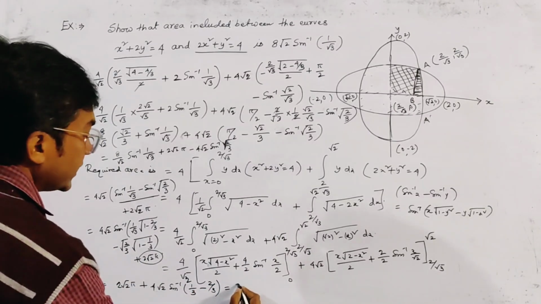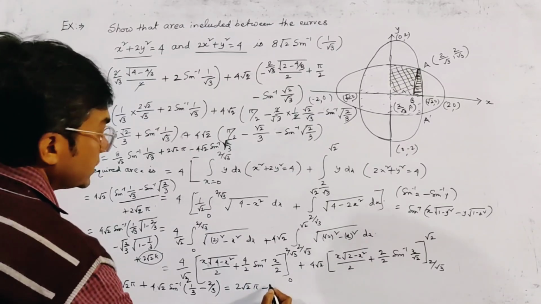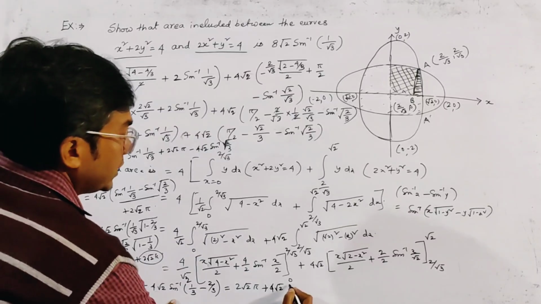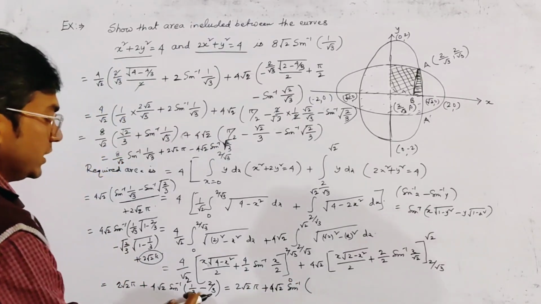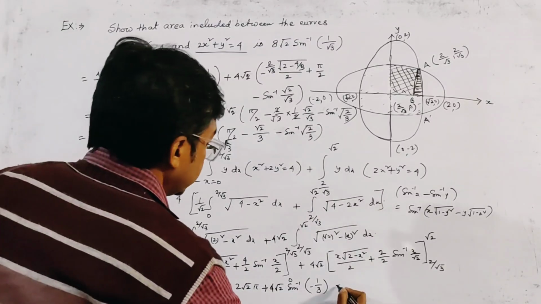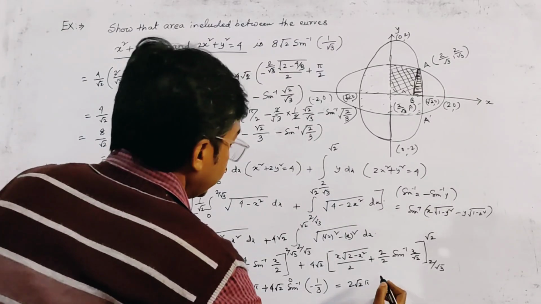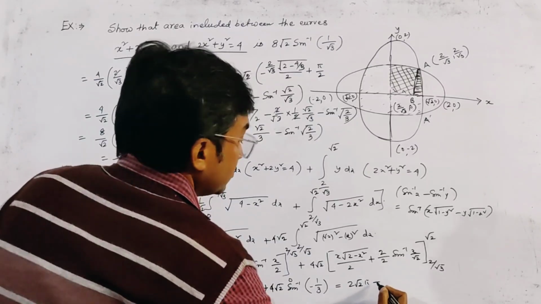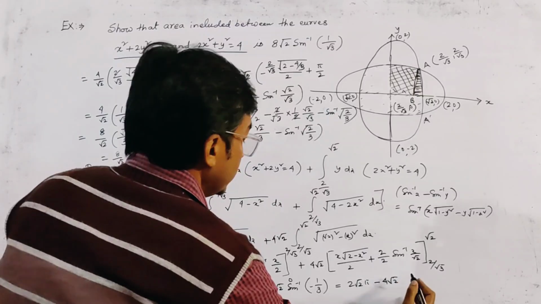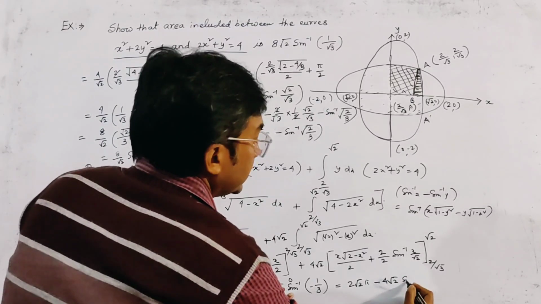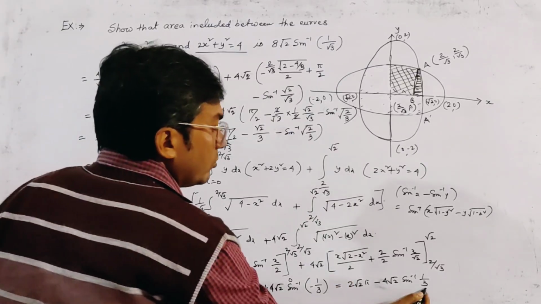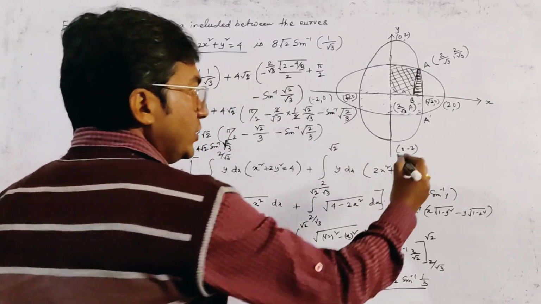So we get the result as 2 root 2 pi plus 4 root 2 into sine inverse of minus 1/3. So we get the result as 2 root 2 pi minus 4 root 2 into sine inverse 1/3.